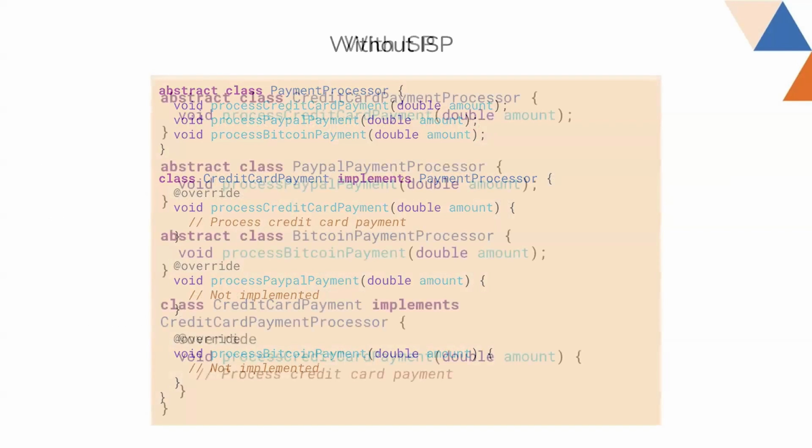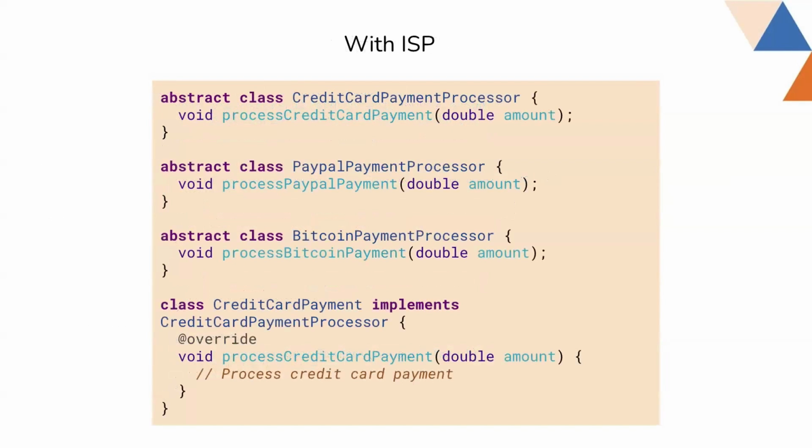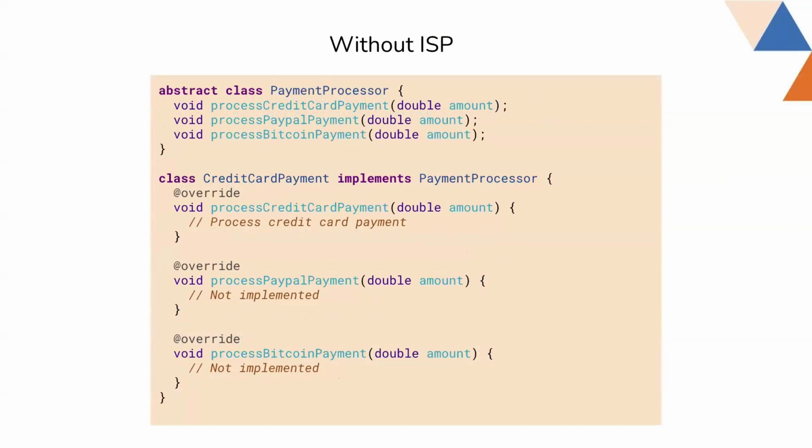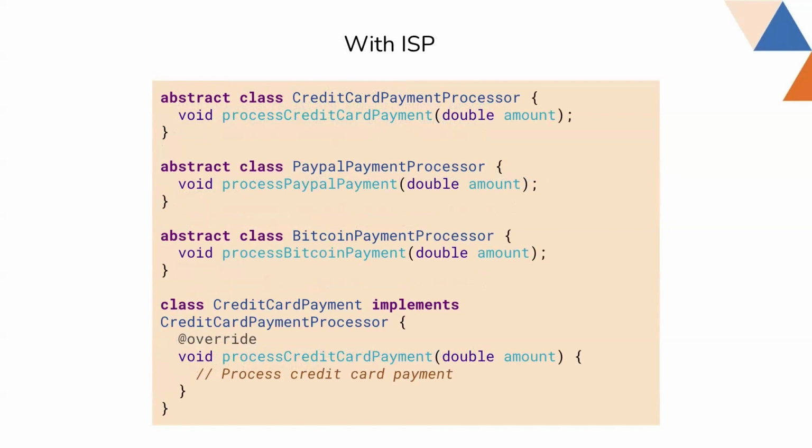In this example, you see we have made three different abstract classes. One is the credit card, one is the PayPal payment, one is the Bitcoin payment, and that's how we only depend on a single method or single class. But before that, if we use the payment processor, we also need to use the three different methods, even if I don't need to. But in this example, we have made this into different classes.